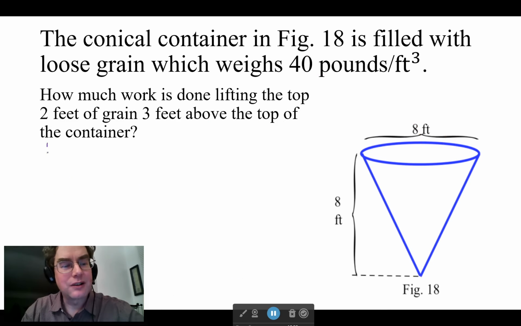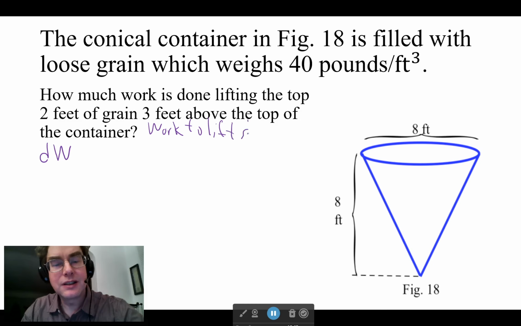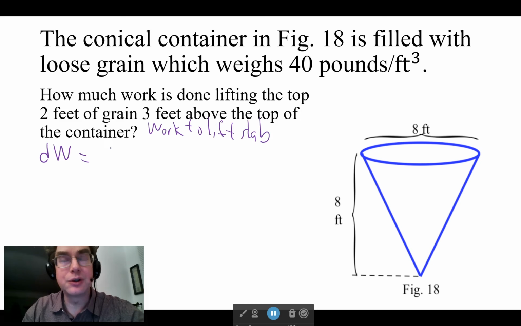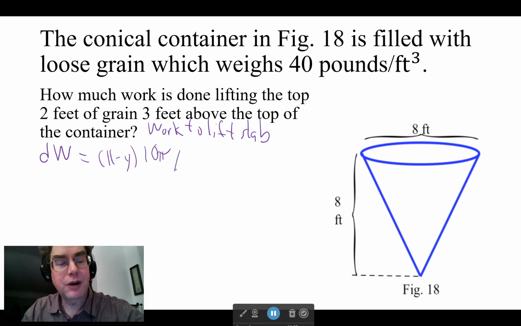Okay, so again, what we figured out here is this is the work to lift slab. That's going to be our differential of work. And so dW is going to be the distance. I think I'll put that first at the moment. 11 minus y. And then our differential of force was 10 pi y squared dy.